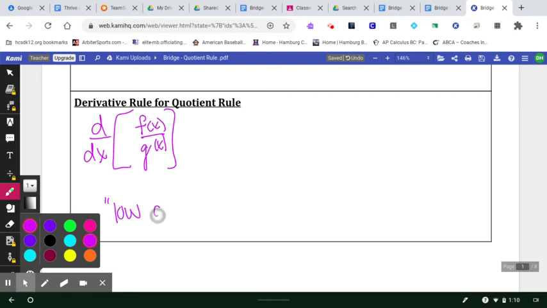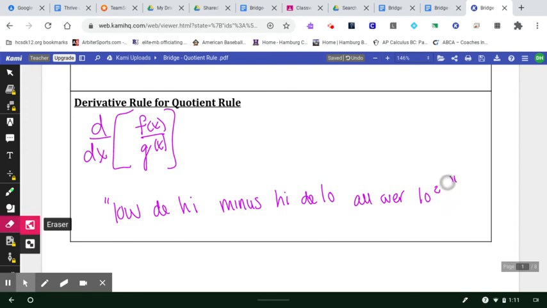It's called low d high minus high d low all over low squared.